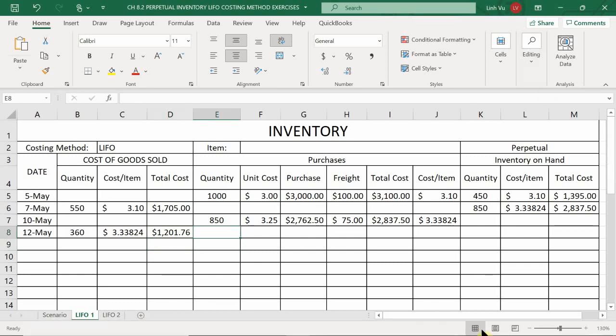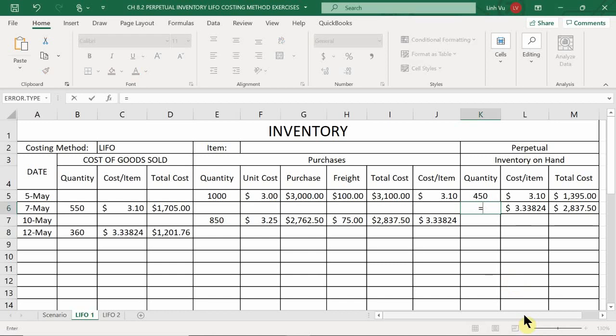So if I have that, right, and I need to subtract this out, so 360, since you don't have it anymore, there you go. I'm going to go ahead and do 850 minus 360. And 490.